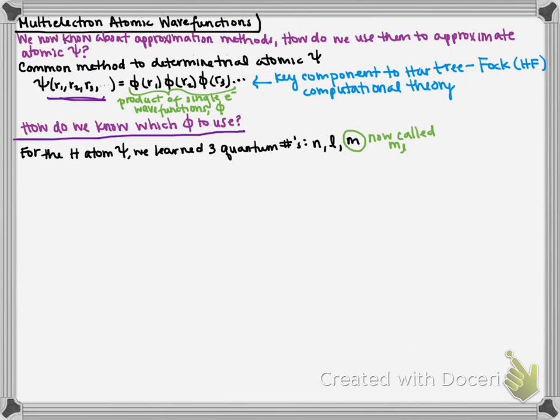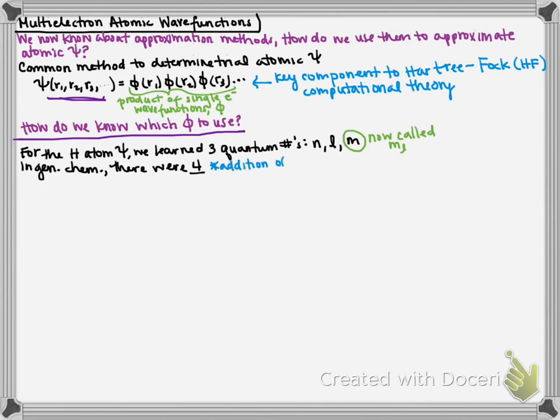And then we had m, which we're now going to switch to calling m sub l, for reasons that will soon become apparent. So m, or m sub l, represented the orientation of that orbital in three-dimensional space. And so we have these 3 quantum numbers, which all of our hydrogen atom wave functions depended on.